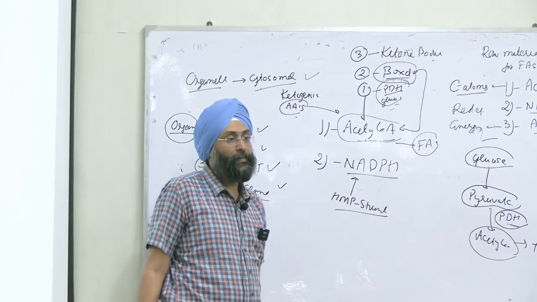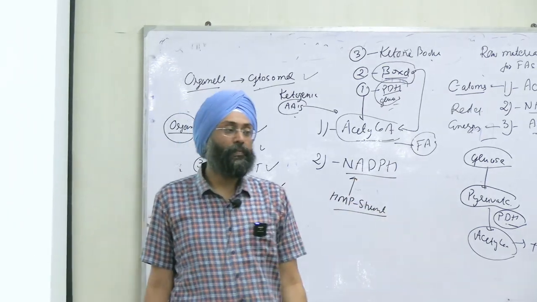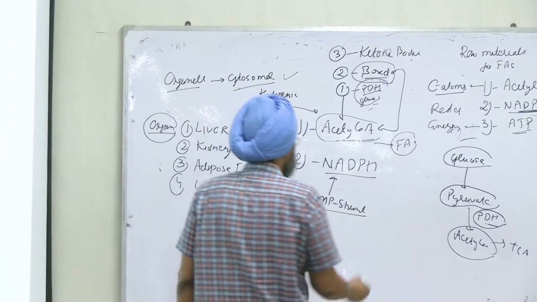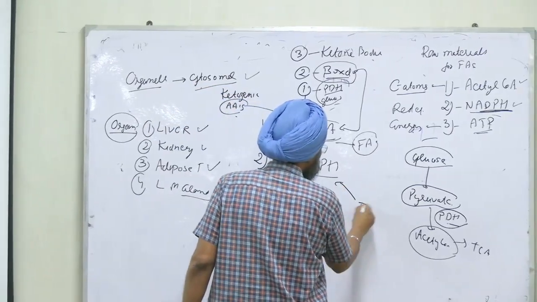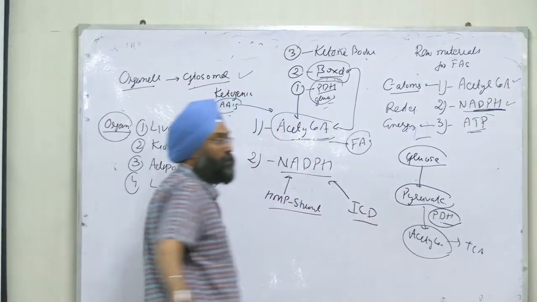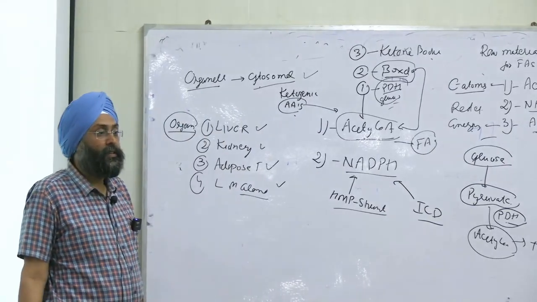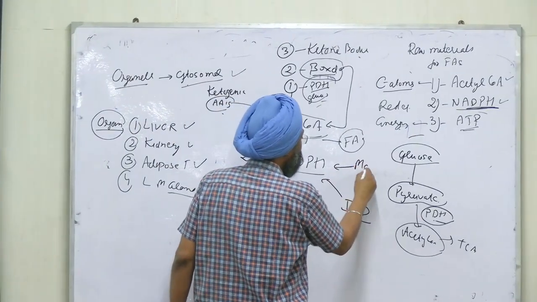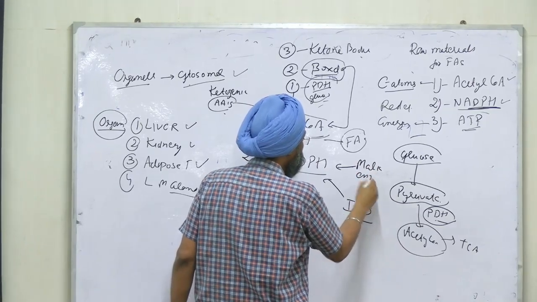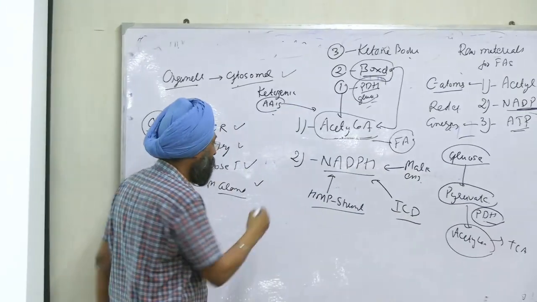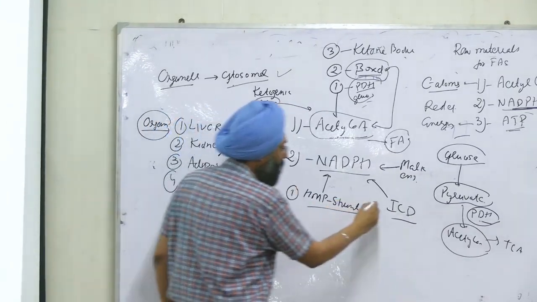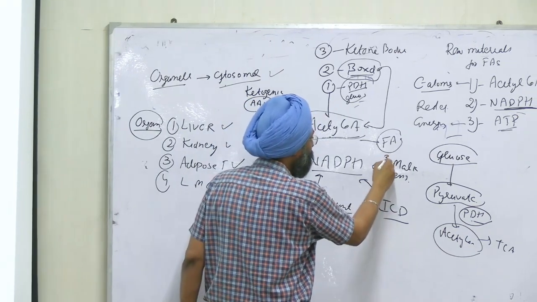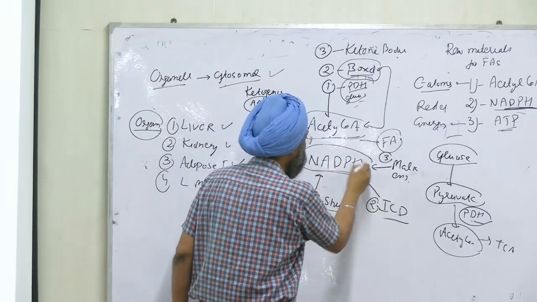Any other sources of NADPH or enzyme? It can also be formed from isocitrate dehydrogenase reaction, right? And also from malic enzyme. So there are three sources. One is HMP shunt, second is isocitrate dehydrogenase, third is malic enzyme for the second building block.